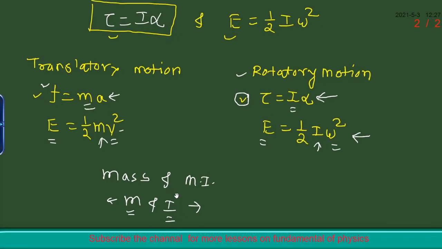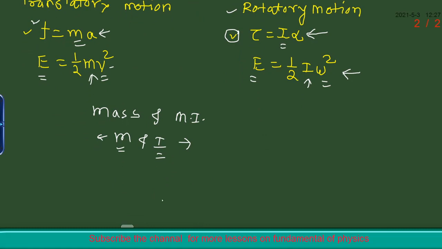From this equation, it is clear that, see, the equation for moment of inertia I is sum of mi into ri square, i is 1 to n, that is number of particles. From this equation, it is clear that the moment of inertia of an object depends on mass and second, the distribution of these masses about given axis of rotation.